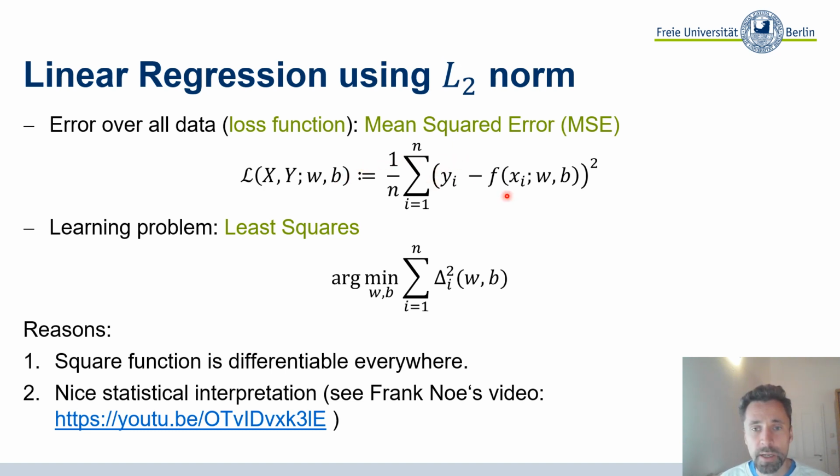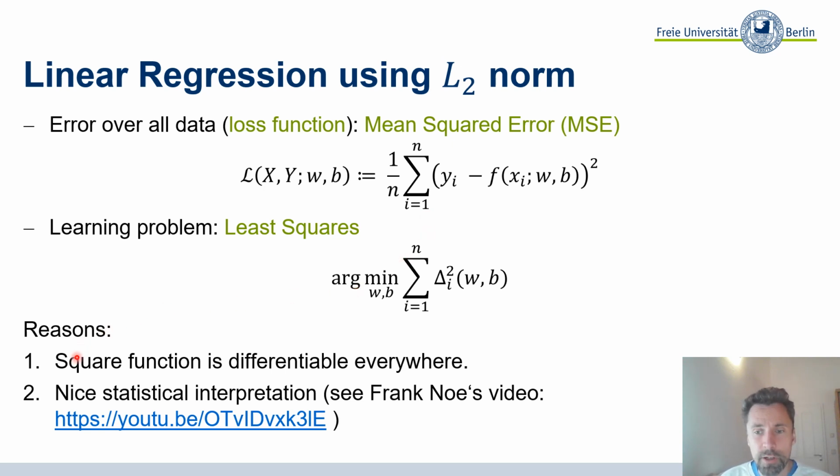And is given by, as we just said previously, the differences of the labels and the model's predictions squared, and then we sum up over all data samples and divide it by the number of samples. And the learning problem is also called least square. So we are looking for a least square solution because we want to minimize those error squares.